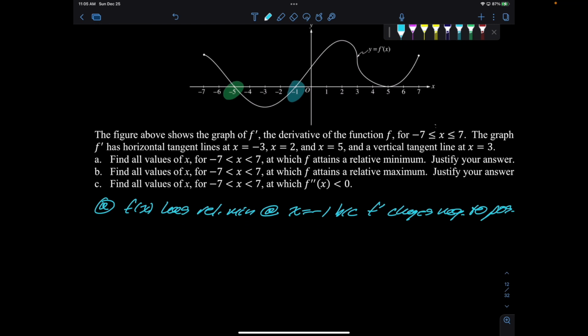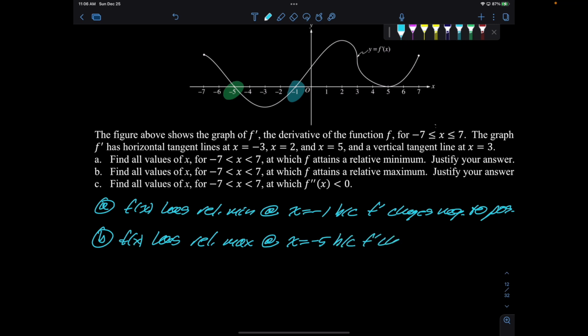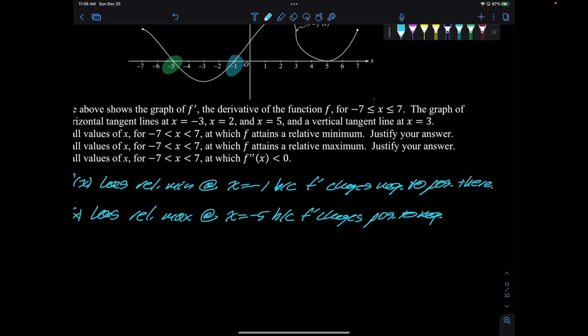Newer tests, they ask about points of inflection more often in my experience, but I kind of restricted myself to old things here. So f of x has a relative max at x equals -5, because f prime changes positive to negative. There.